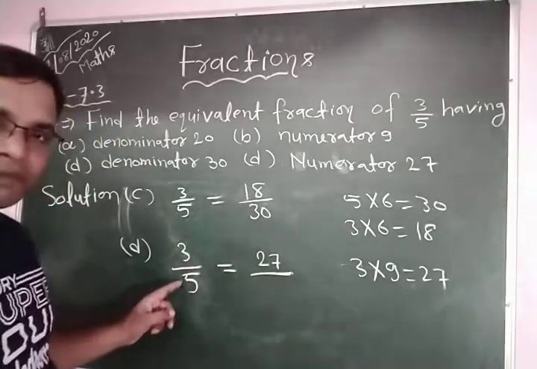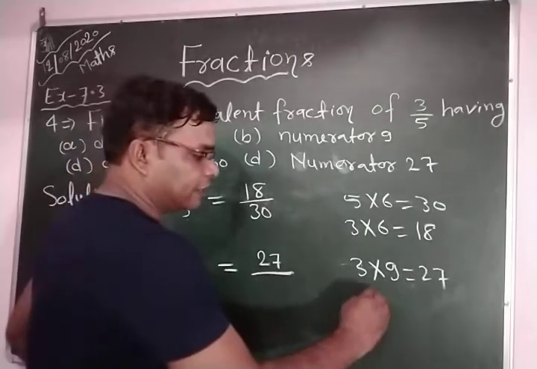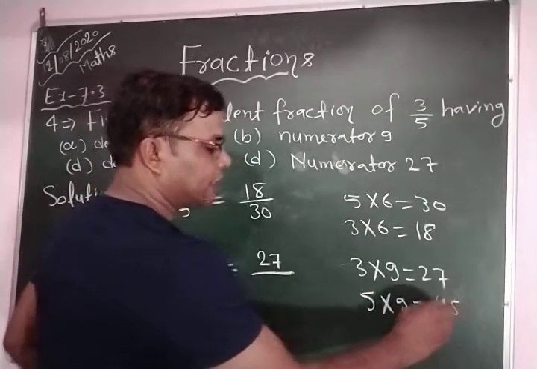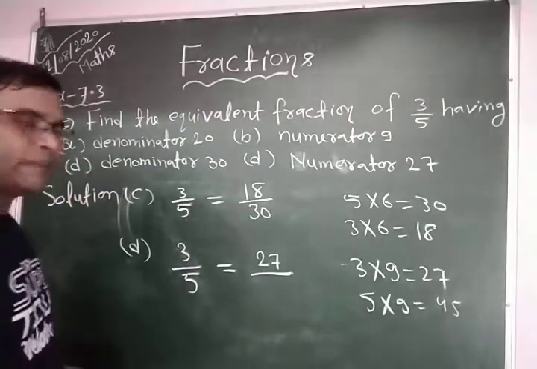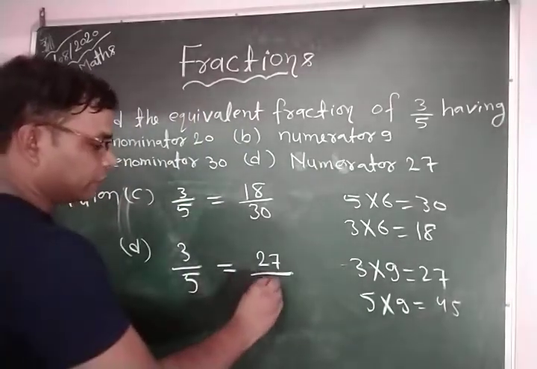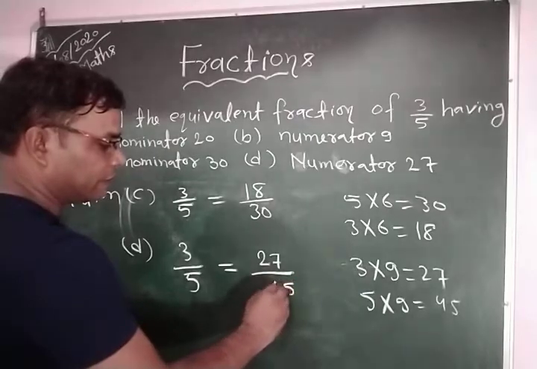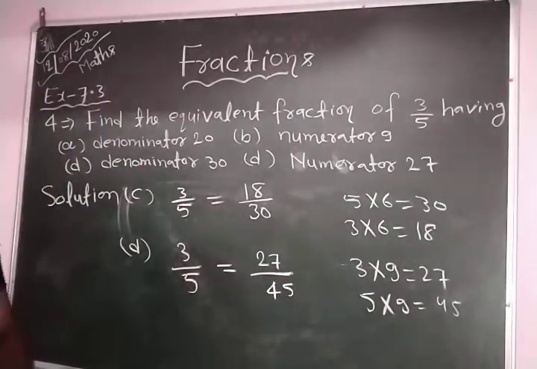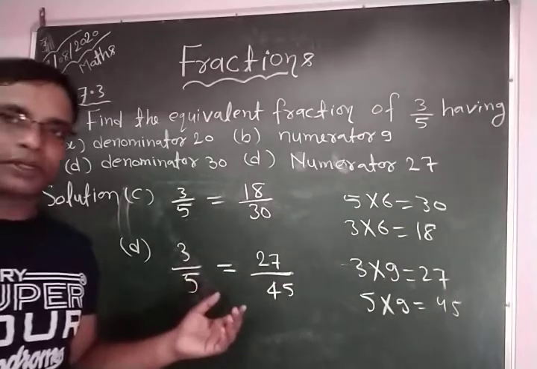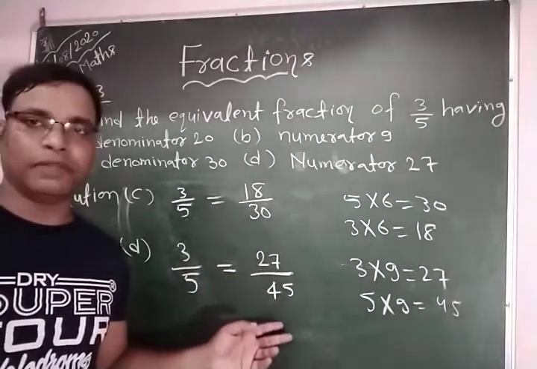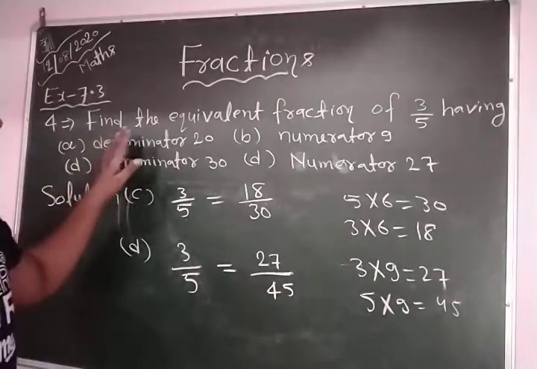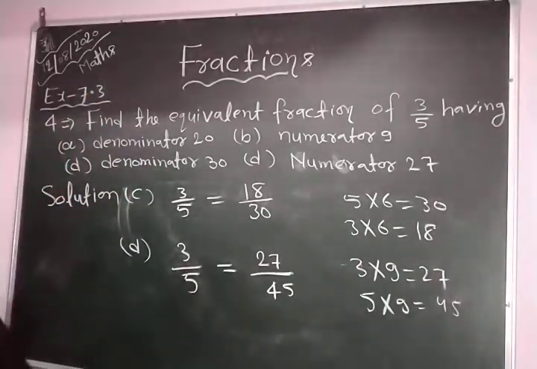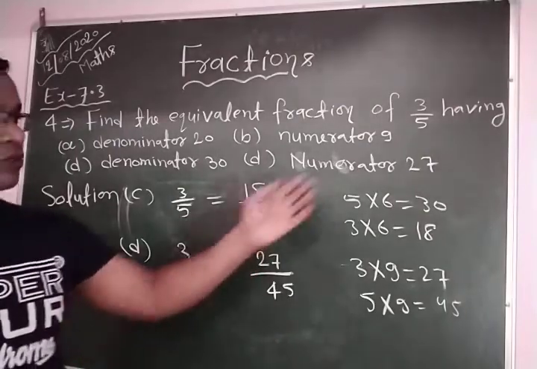Again, here this is 5. If we multiply 5 by 9, then what we obtain is 45. 5 nines are 45. So this is equal to 45, and this is our required fraction, 27 by 45. The question told us to find the equivalent fraction of 3 by 5 whose numerator is 27.